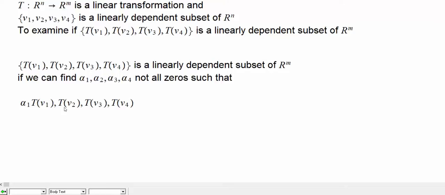That is, we should be able to find these scalars alpha 1, alpha 2, alpha 3, and alpha 4, such that this linear combination is a zero vector in Rm.